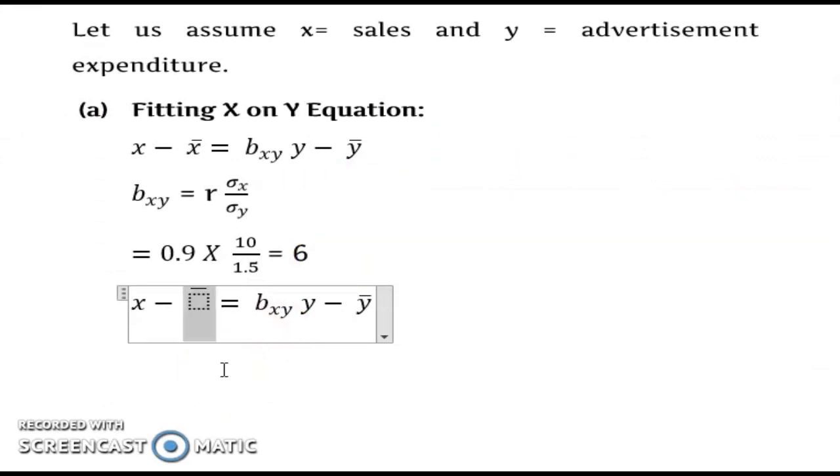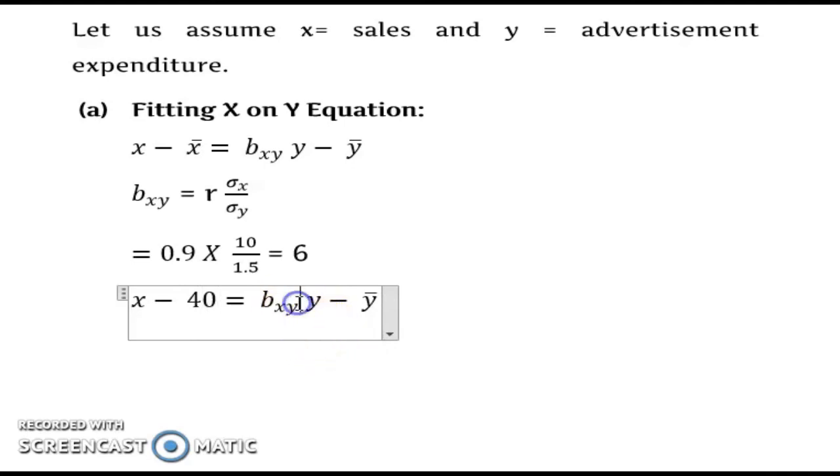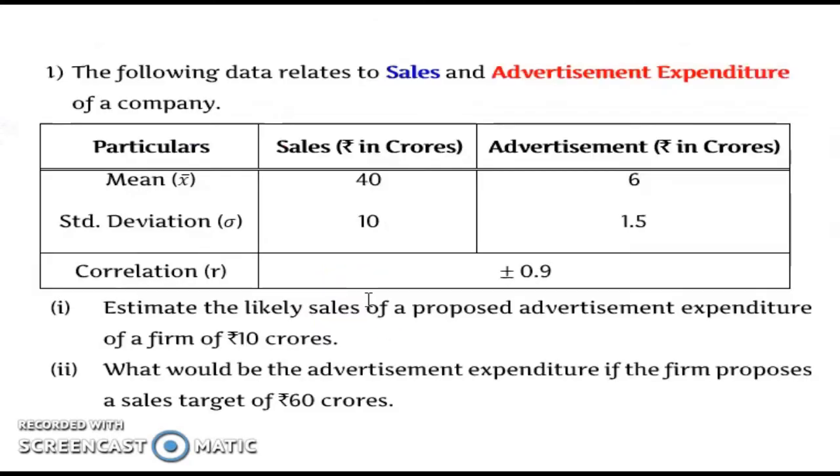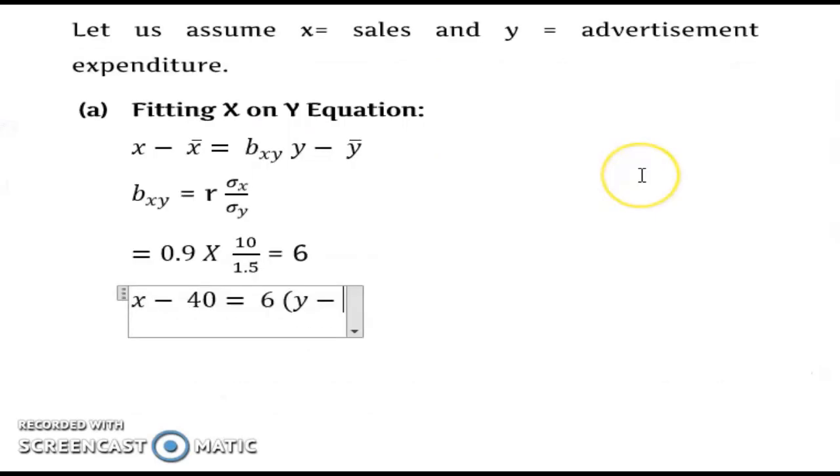We need b of xy, which we have computed just now, which is 6 into y minus y bar. We need the y bar value. y bar is 6, which is the mean value of advertisement, 6 crore.